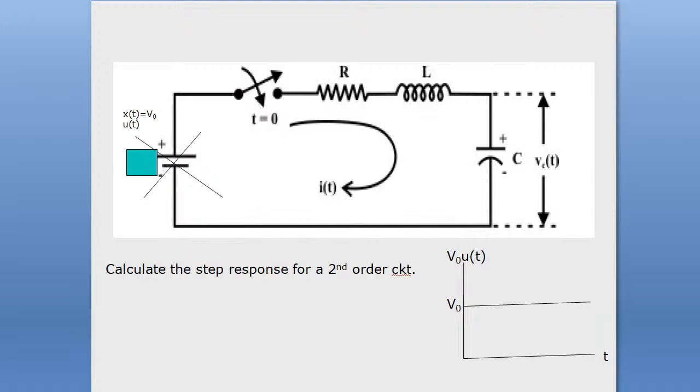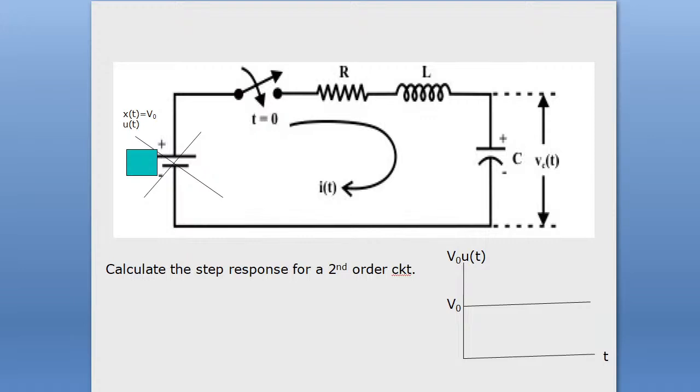So first you apply KVL, Kirchhoff's voltage law, and write the differential equation for this circuit. The differential equation is L di by dt plus R i of t plus 1 by C integration 0 to t i dt equal to V naught u of t.